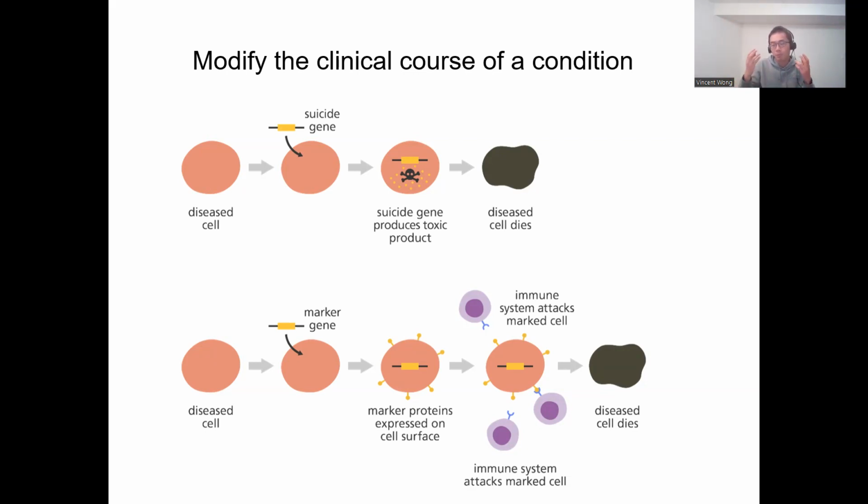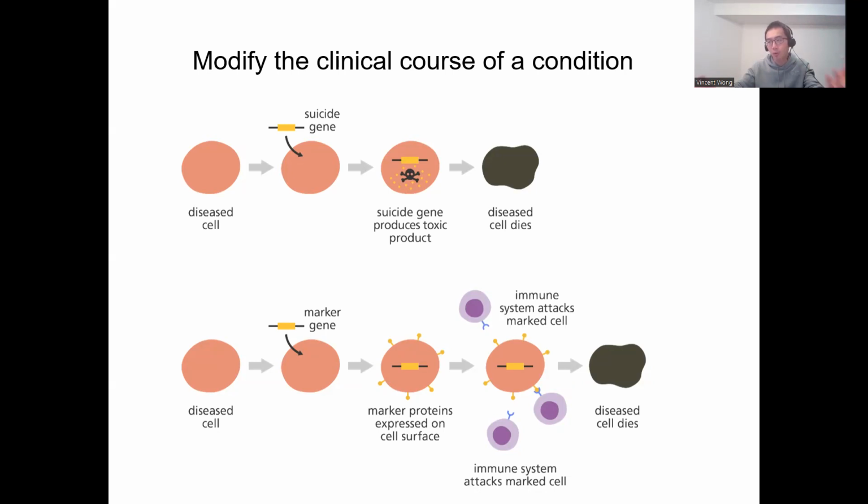The challenge for the immune system to identify the cancer cell is because the cancer cells originate from your own cells, so they blend in really well, right? They look very similar to your own cells. Okay, that's why your immune system is not able to identify them. So by introducing this marker gene, you make them different.